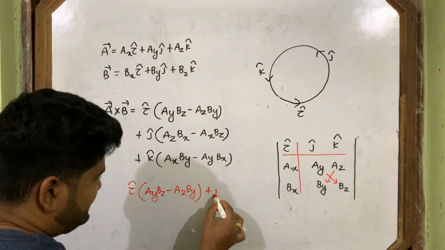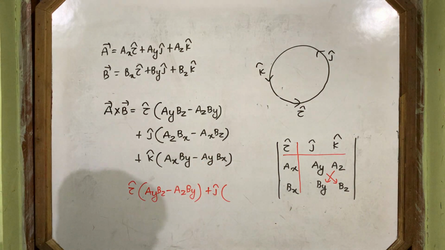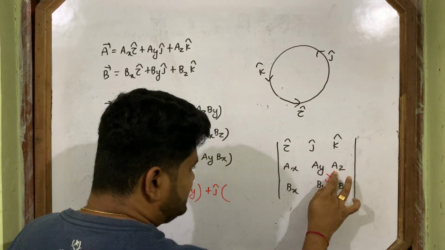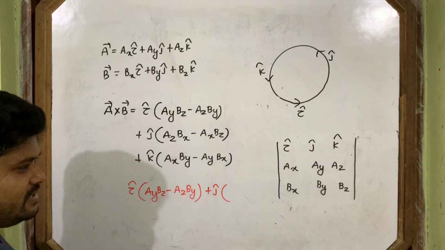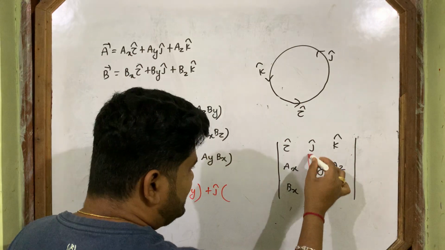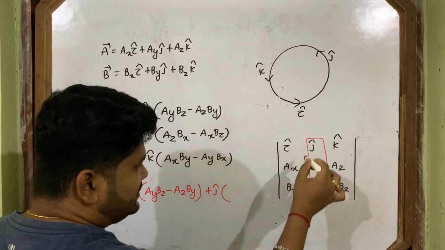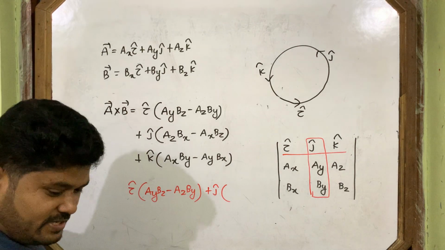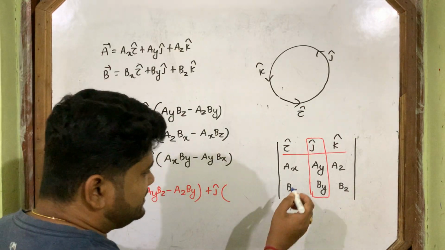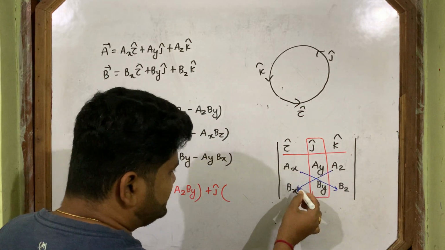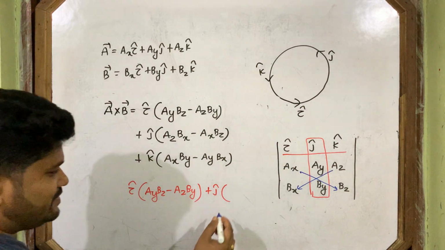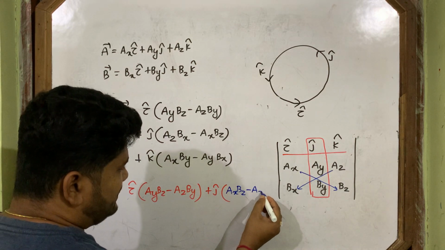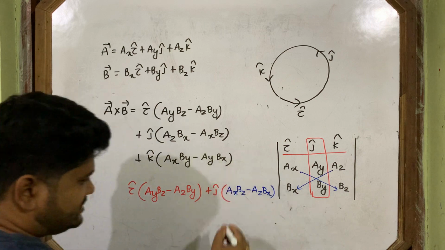Okay, then come to J cap. When the J cap comes, you now hide this column and this row. Then what remains? Only this remains here. See, this to this and this to this. So what comes? AX BZ minus AZ BX.